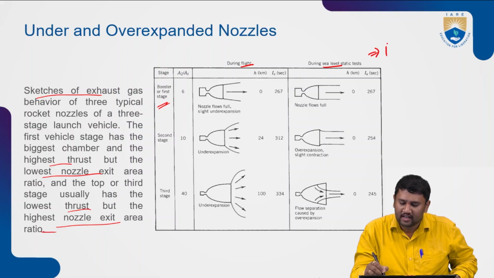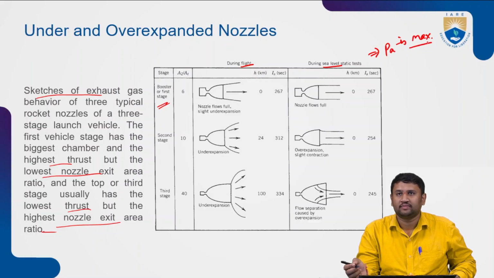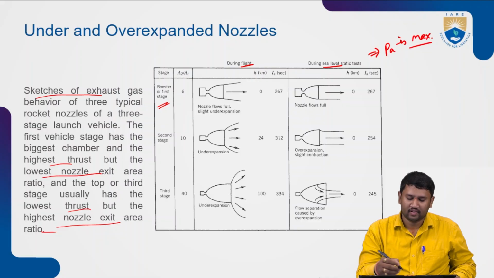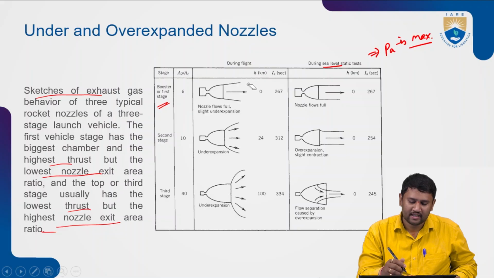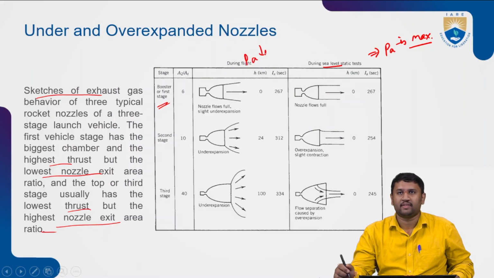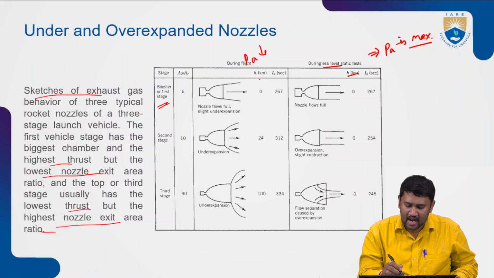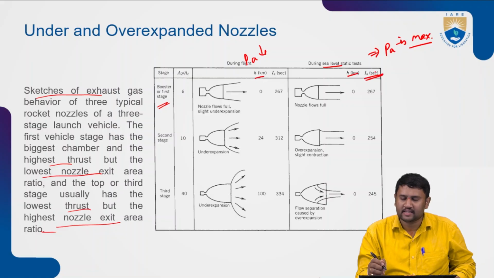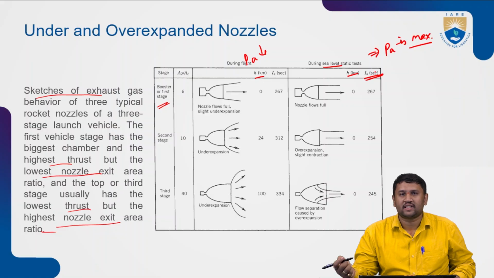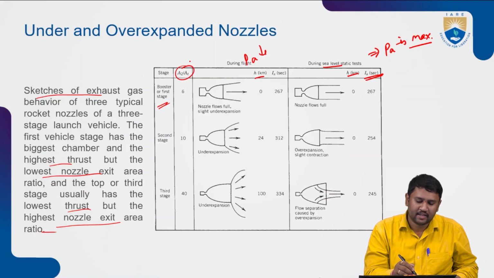During sea level, P ambient is maximum, whereas during flight P ambient decreases gradually over a period of time. Here H is my altitude, I is my specific impulse, and the area ratio is denoted by epsilon.